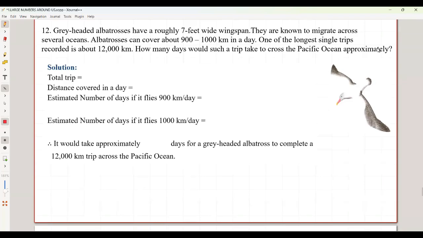So the question is given. They're asking how many days such a trip would take across the Pacific Ocean approximately.